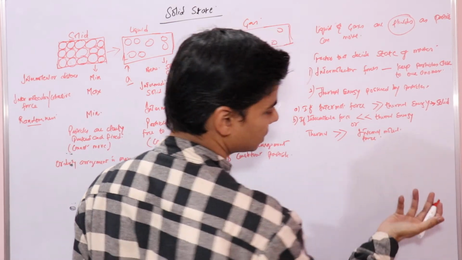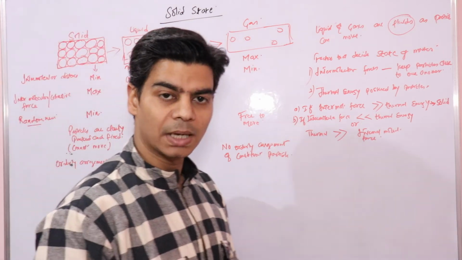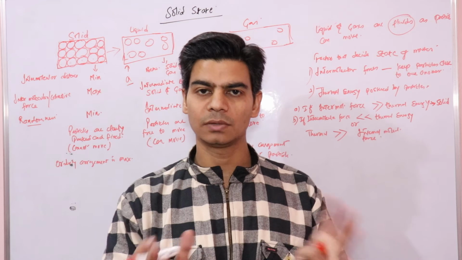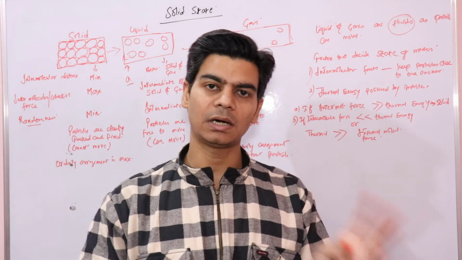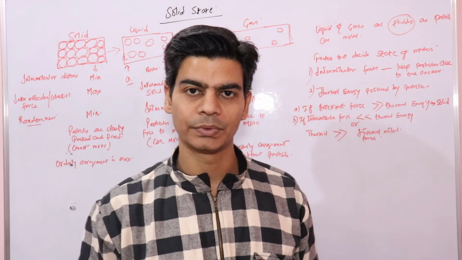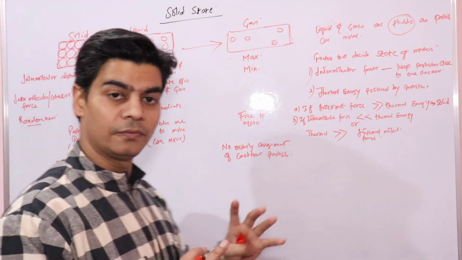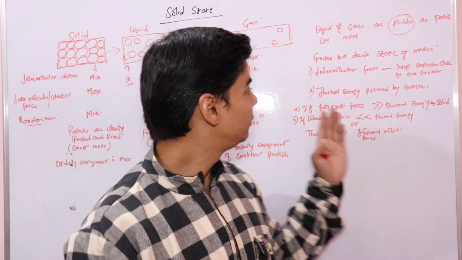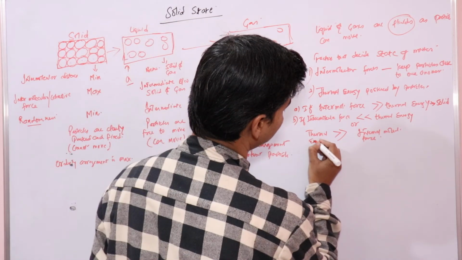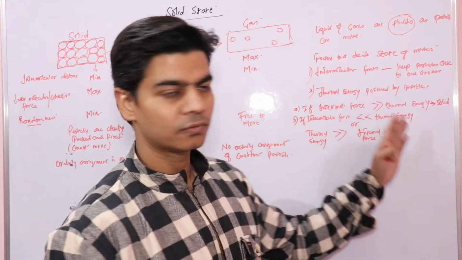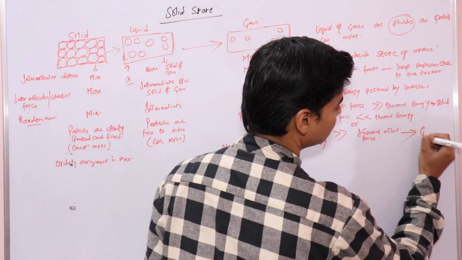So in both the cases, it's the same thing. If thermal energy is maximum, it will increase the kinetic energy of the constituent particles, and due to maximum kinetic energy, they will start moving randomly in all directions, like in case of gases. So once particles are free to move, they will change into gaseous state. If thermal energy is very much greater than intermolecular force of attraction, what you get is the gaseous state, right?